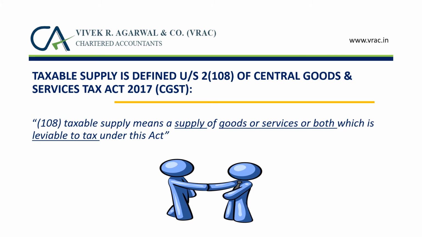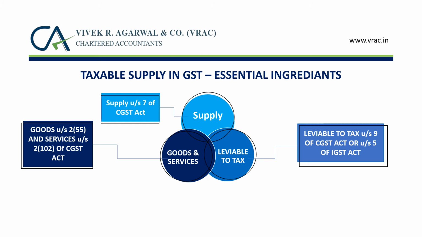Starting with taxable supply, it is defined under Section 2 subsection 108 of Central Goods and Services Tax Act 2017. The definition reads as follows. Taxable supply means a supply of goods or services or both which is liable to tax under this Act. Essential ingredients of taxable supply are: 1. There must be supply, as per Section 7 of CGST Act. 2. There must be supply of goods or services or both.